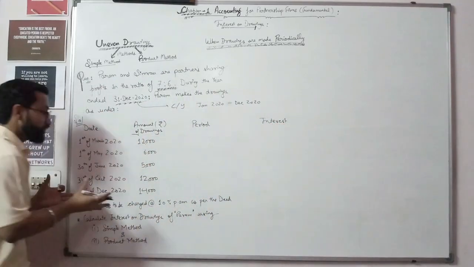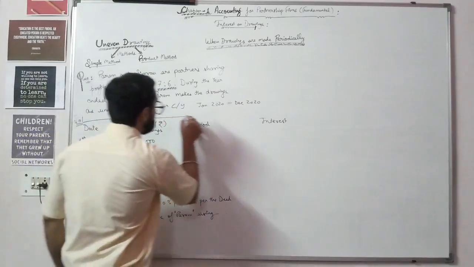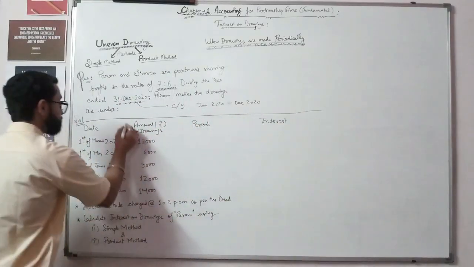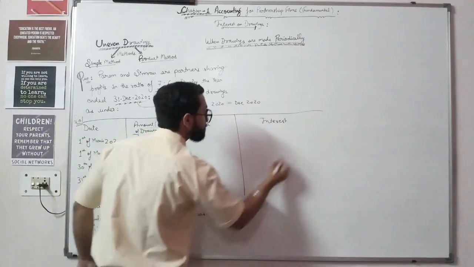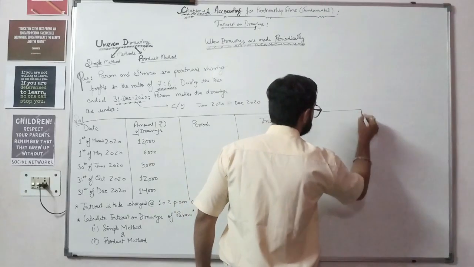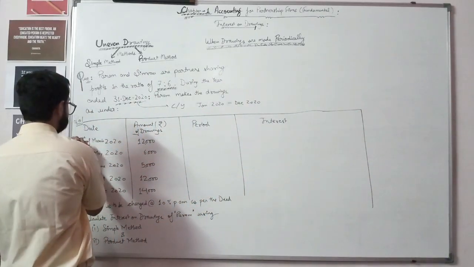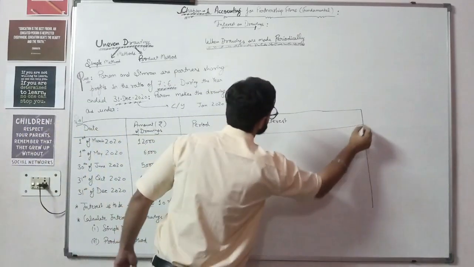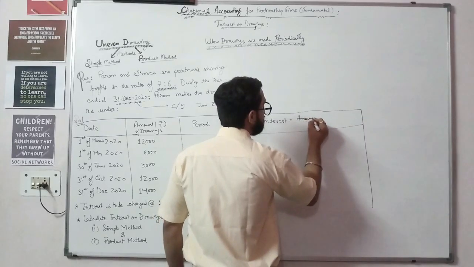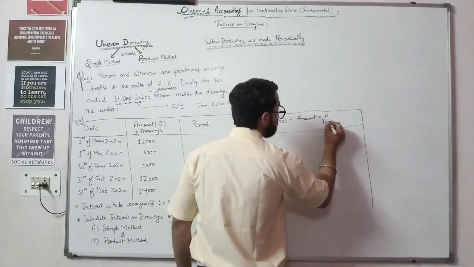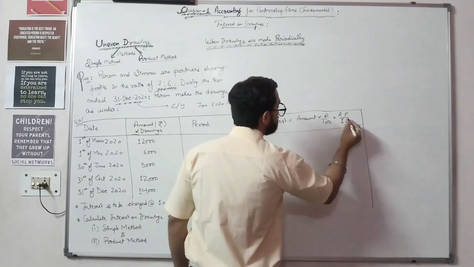Some part of the question we can use as it is in the solution. Now what is the formula for interest? Amount into rate upon 100 into average period upon 12. Any problem?